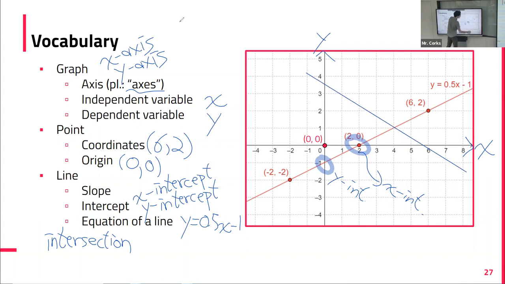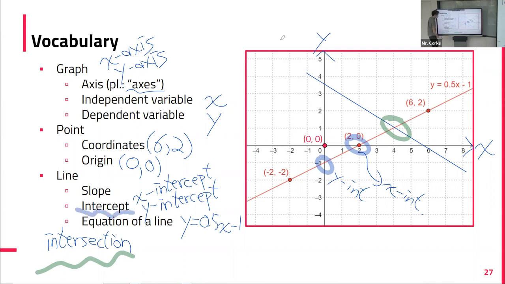Yes. So intersection is this, where, sorry, I should do a different color. This is where two regular lines are crossing each other. That is an intersection, but intercept is specifically the special case where a line is crossing one of the axes.